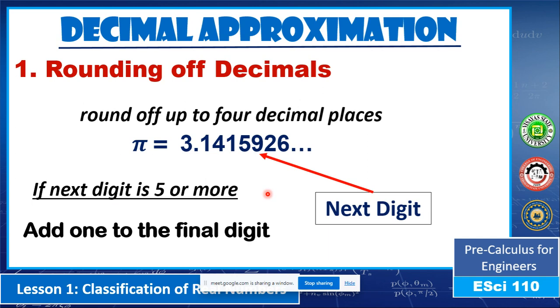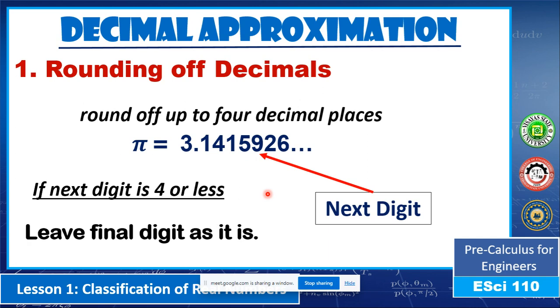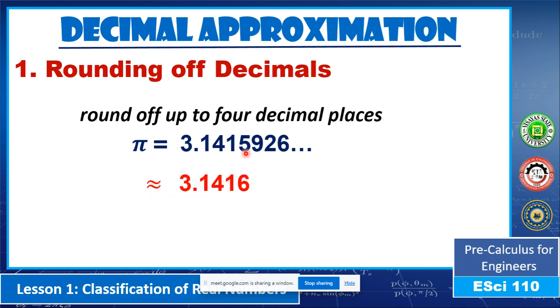For example, our next digit is 9 there, so the last digit, 5, becomes 6. However, if the next digit is 4 or less, we leave the final digit as it is. For example, if the 9 becomes 3, the 5 stays, it is not increased. That's the rule of rounding. So this is approximately equal to 3.1416. It became 6 since the next digit is more than 5.